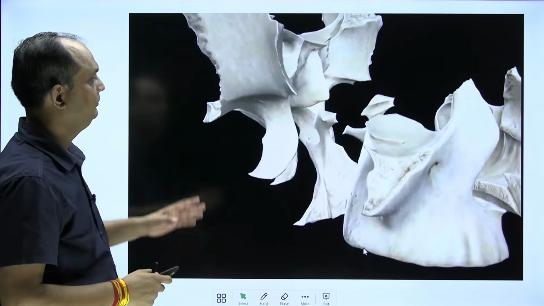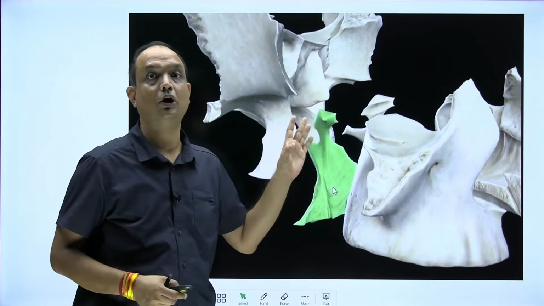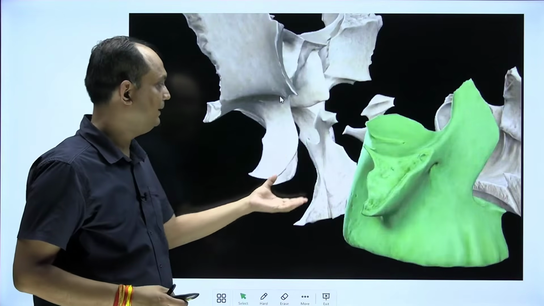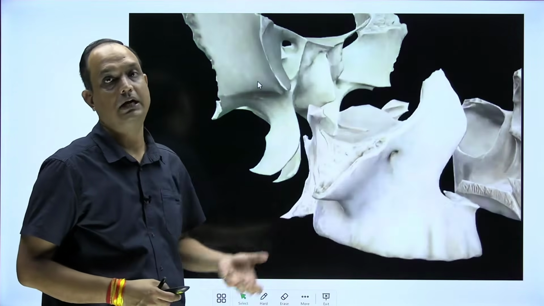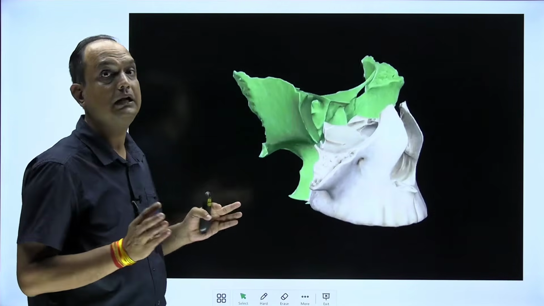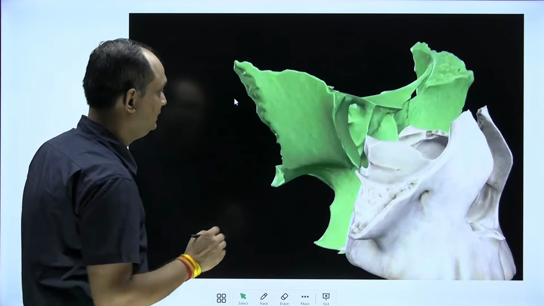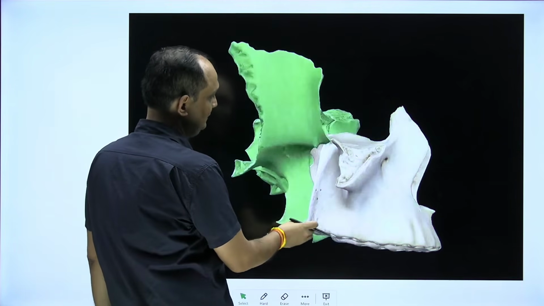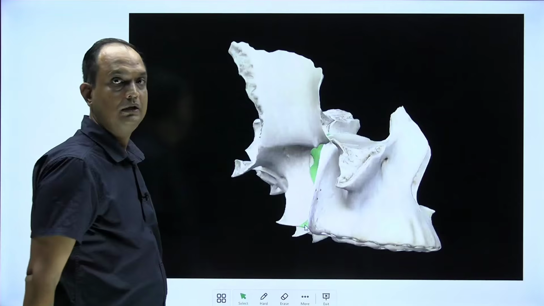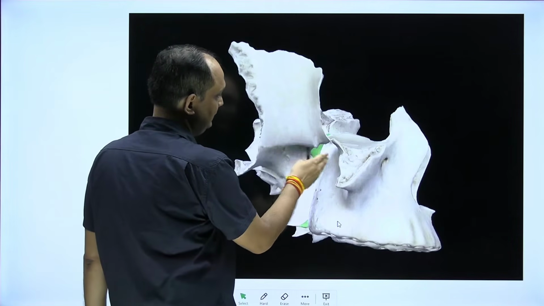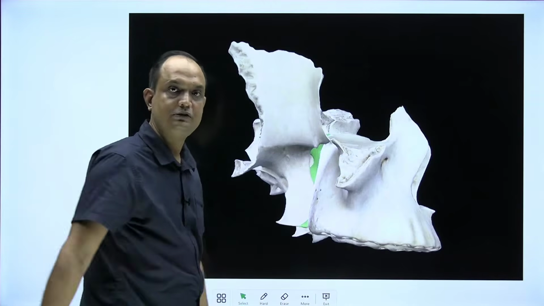So whenever we are talking about the norma basalis, you have this confusion about how these three bones articulate. This has to be very clear for your exam. When you have the articulation of the maxilla, palatine bone and sphenoid bone, first keep in mind that the palatine bone and the maxilla lie anterior to the sphenoid bone.